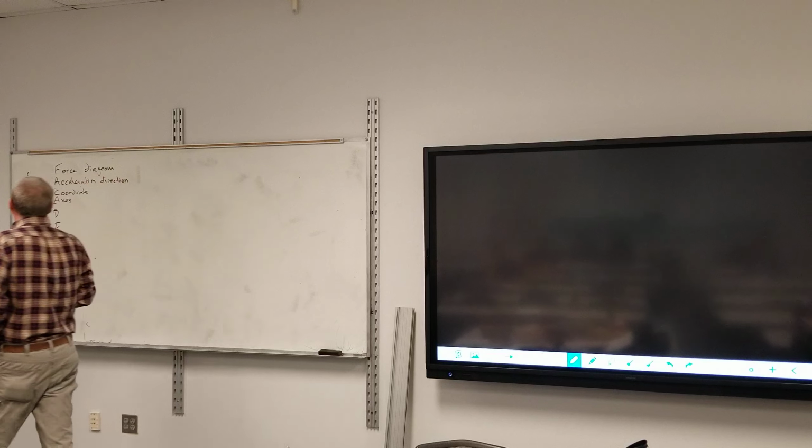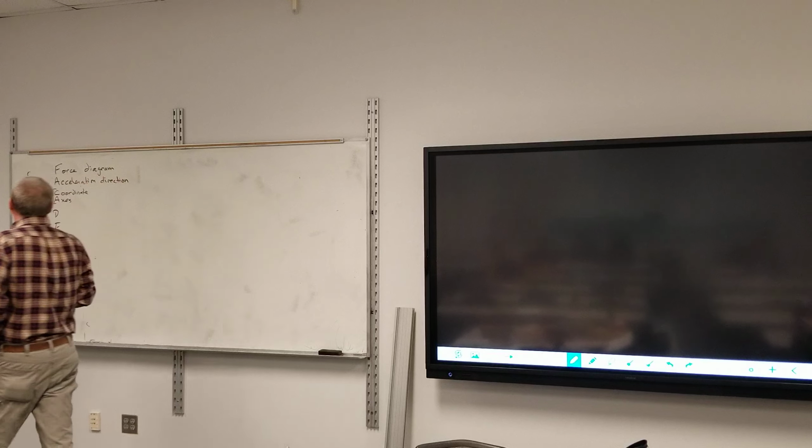Then you'll figure out what vectors you need to break up into components. So the decomposition. Because the decomposition depends upon how you set up the coordinate axes, which depends upon the direction of acceleration.